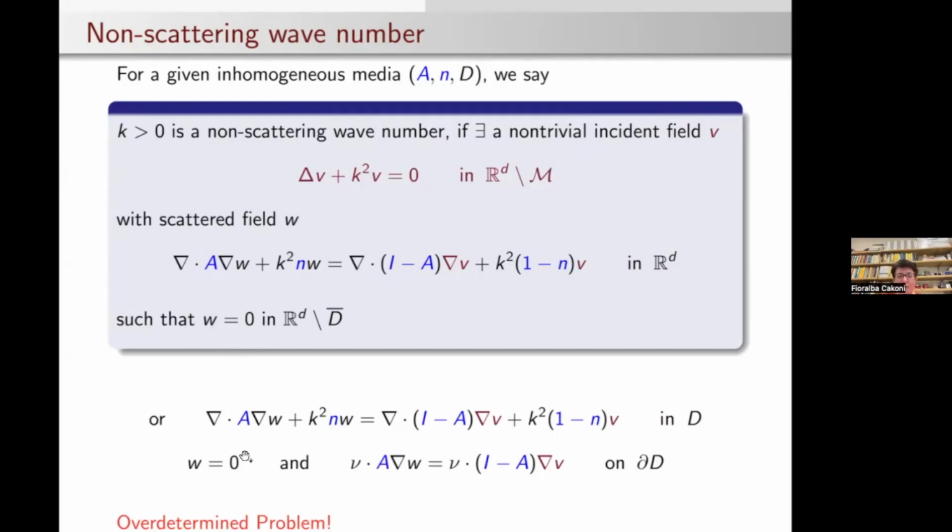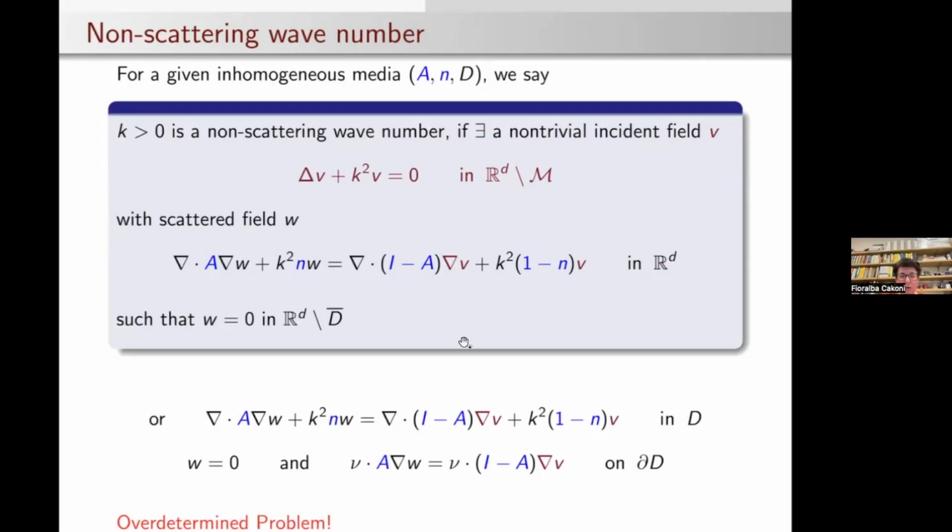So basically one has a Cauchy problem for this elliptic equation with the source involving the coefficient of the perturbation as well as the incident field. And the incident field actually is a solution to the Helmholtz equation in a region that contains the perturbation, right?